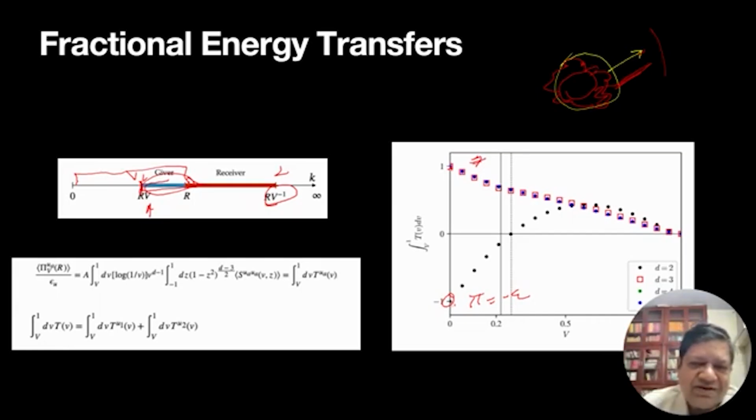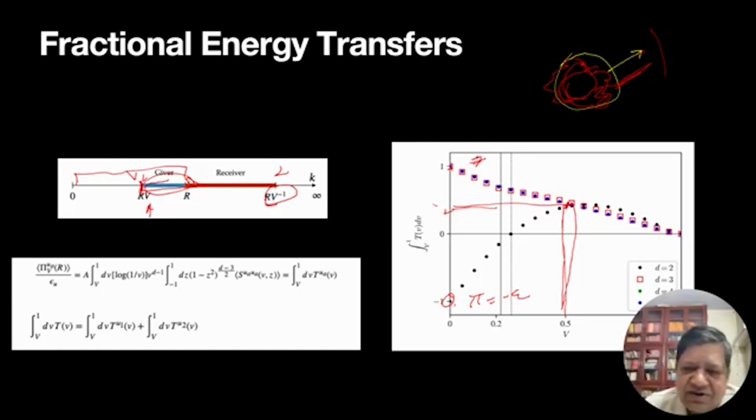But if I look at 3D, if I make this sphere, increase V to around half, how much energy is flowing forward? You can just mark it here, it is around half. So the modes within the shell from 0.5 to 1 are giving half the energy to outside.